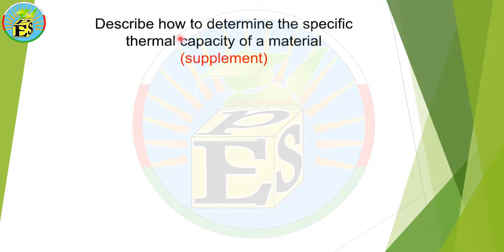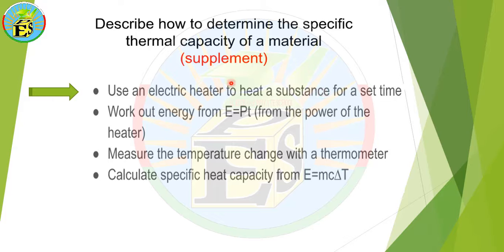Describe how to determine the specific thermal capacity of a material. At first, use an electric heater to heat a substance for a set time. Work out the energy from E equals Pt, from the power of the heater.